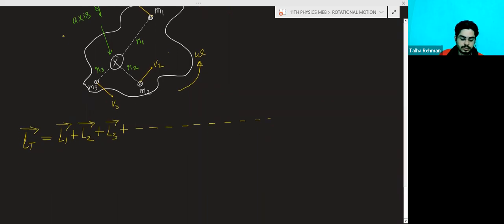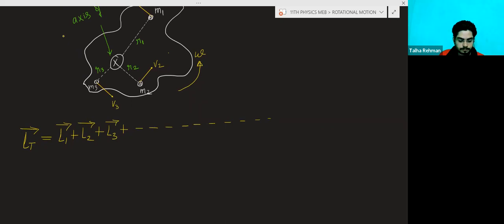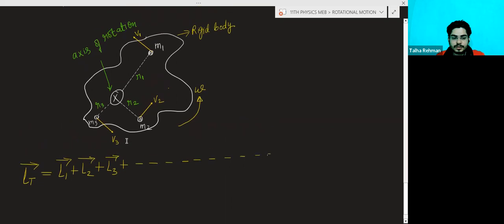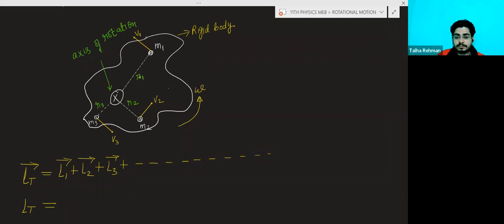I have written this in vector form. Now the total angular momentum, for mass m1, is m v1 into r perpendicular. What is the formula for angular momentum?